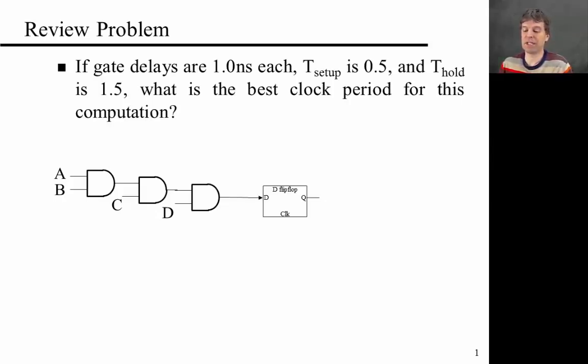So I think immediately you will say that the longest path in this circuit is basically from this input A to here, which should be 3 times 1 nanosecond. So it's 3 gate delays. If you paid attention in the last lecture, you would say that the clock period actually has to be longer.